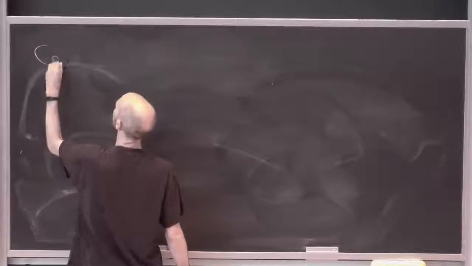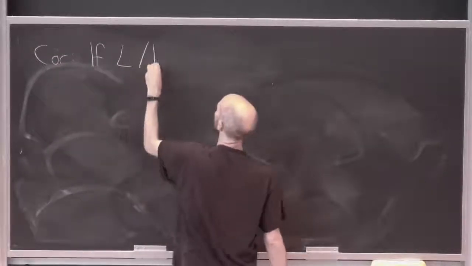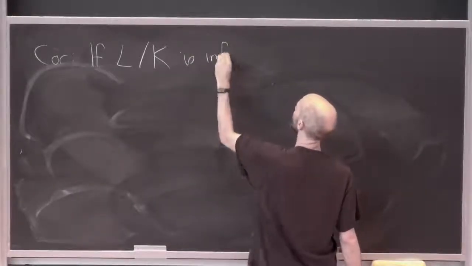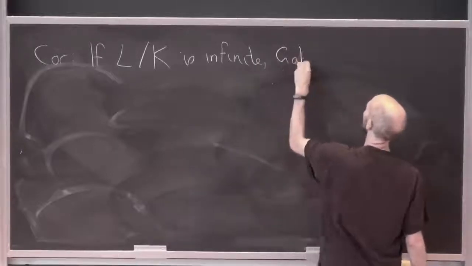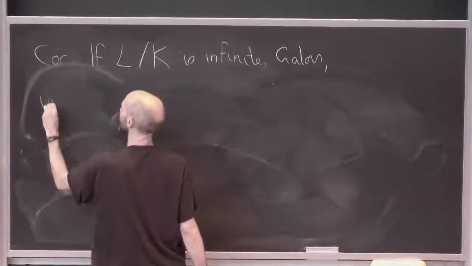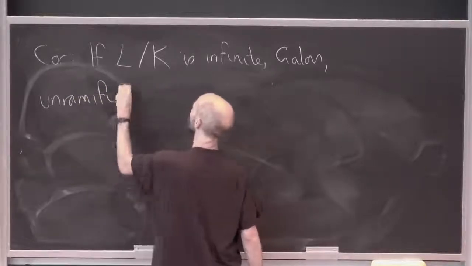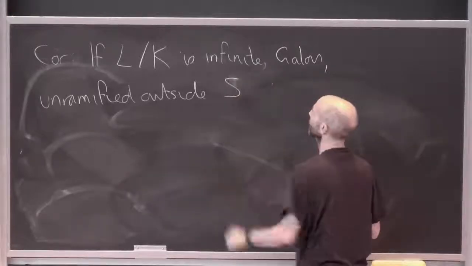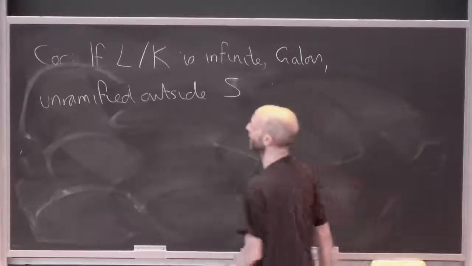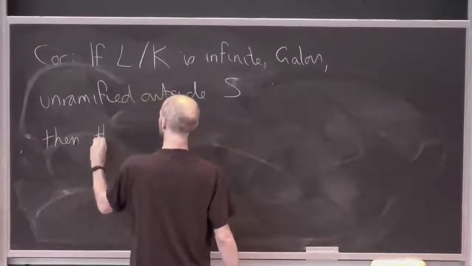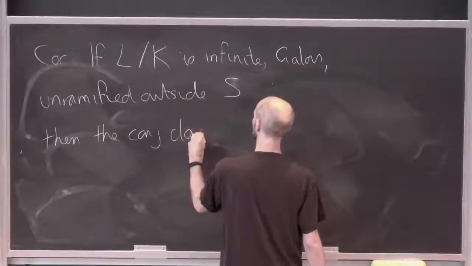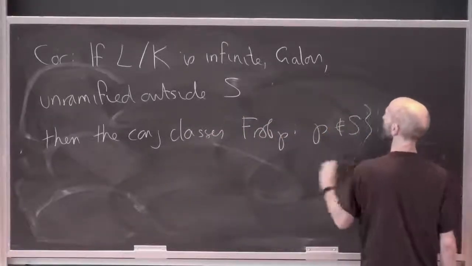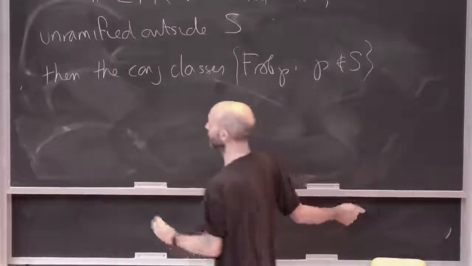So as a corollary, if L over K is infinite Galois, and it's unramified outside S, with S the usual thing, a finite set of finite primes of K, then the conjugacy classes Frob_𝔭 for 𝔭 not in S are a dense subset.